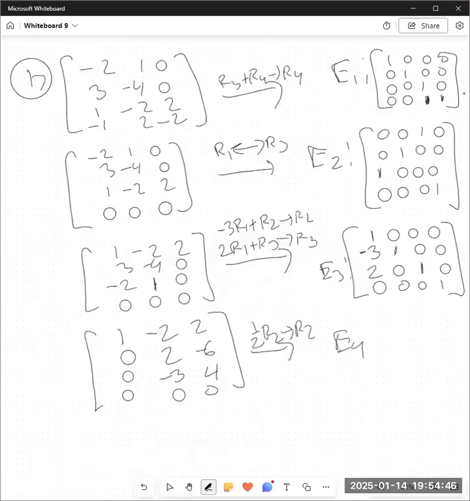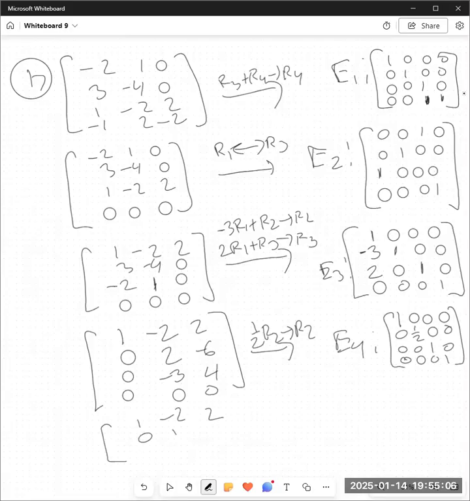So that makes E4, 1, 0, 0, 0, 1/2 of row 2. Okay, so that's going to make this 1, -2, 2, 0, 1, -3, 0, -3, 4, 0, 0, 0.